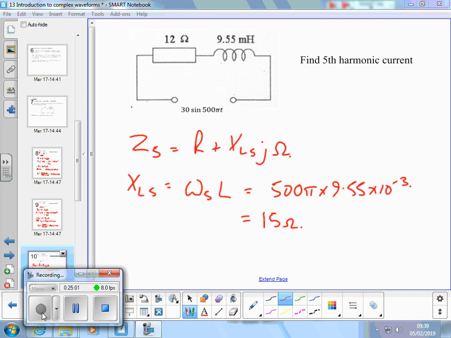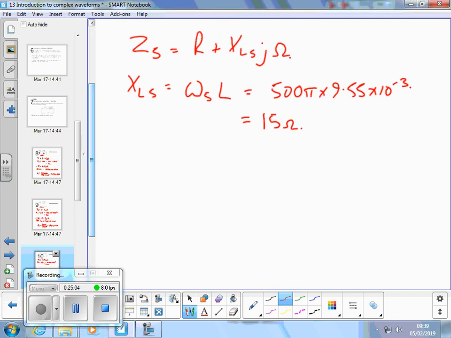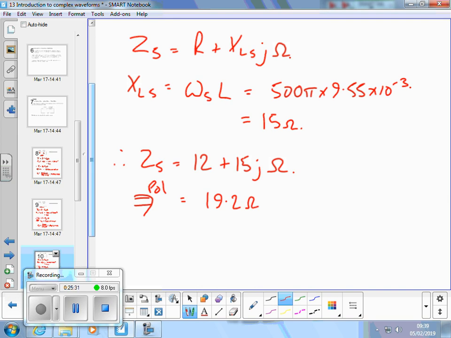Therefore, Z5 is equal to 12 plus 15j ohms. Converted to polar, 19.2 ohms, angle 0.92 radians.